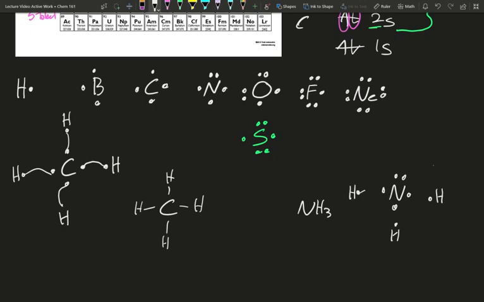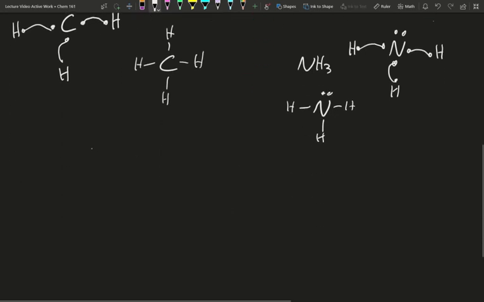So we put it on the sides near the unpaired electrons. We pair any unpaired. Make it look a little bit nicer. And we have ammonia. Why is nitrogen with hydrogens only NH3? Because nitrogen only had 3 unpaired electrons. It could only make 3 bonds.